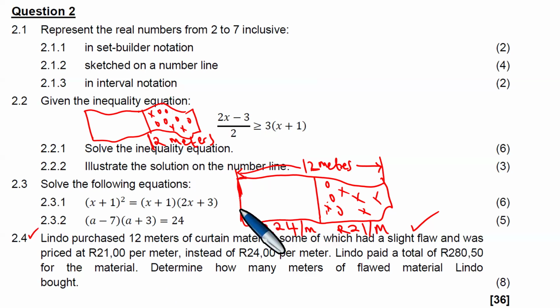So now this is a total payment. Determine how many meters of flawed material Lindo bought.